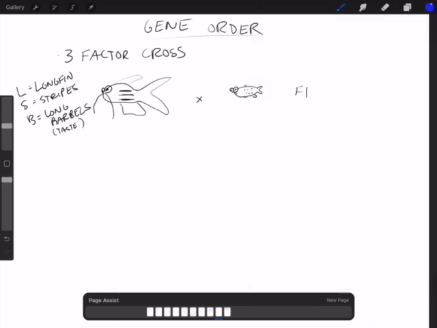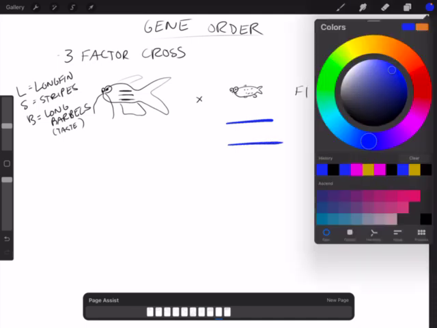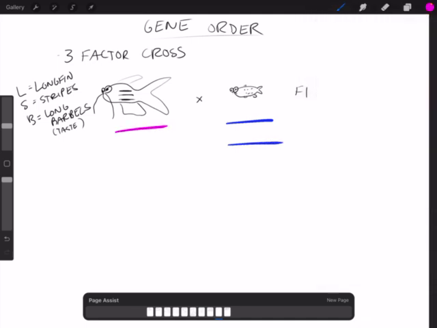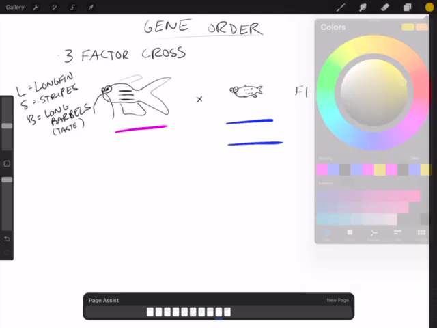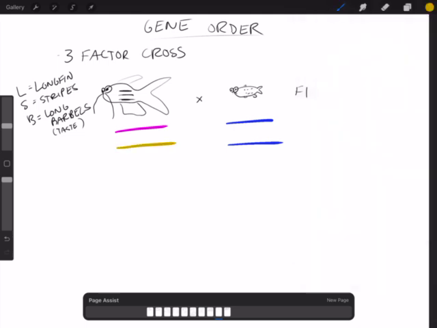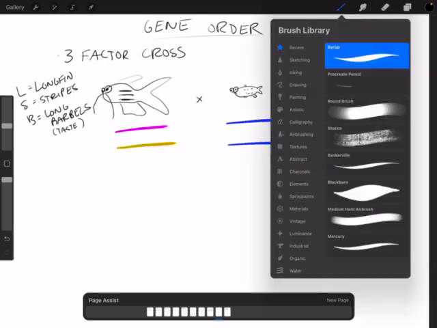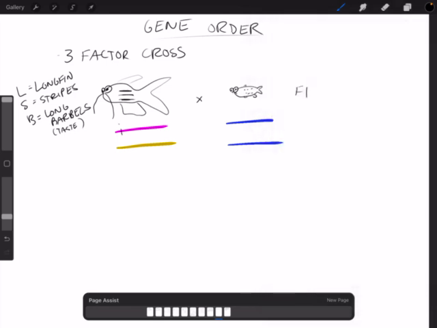And we're going to skip right to the test cross. So this individual will be our test cross chromosome. And this individual will be heterozygous for the alleles. So they'll have a dominant B allele, a dominant L allele, and a dominant S allele, all on the pink chromosome, and the recessive version of each on the yellow chromosome.